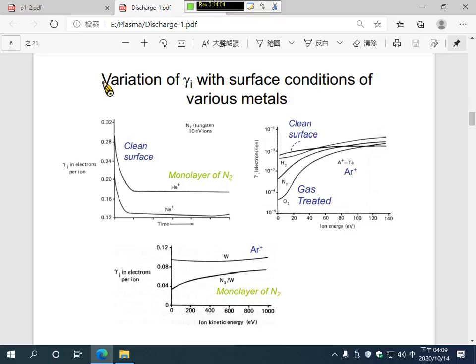Okay, so the secondary electron emission also depends on the cleanness of the metal surface. If there are some molecules adsorbed on the surface, the secondary electron yield will also change.